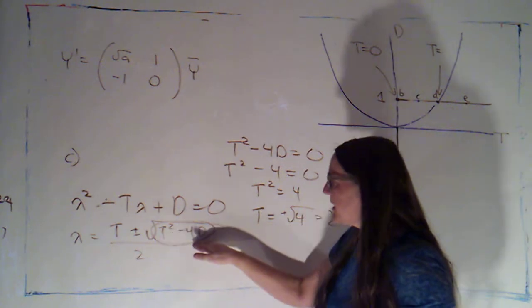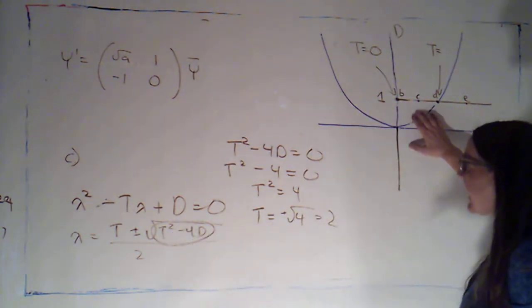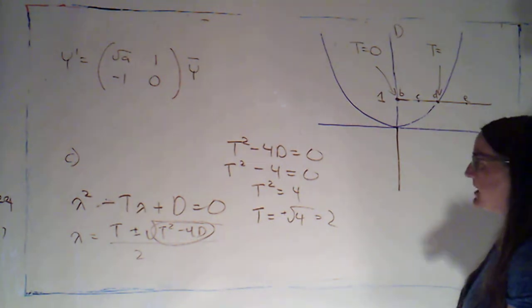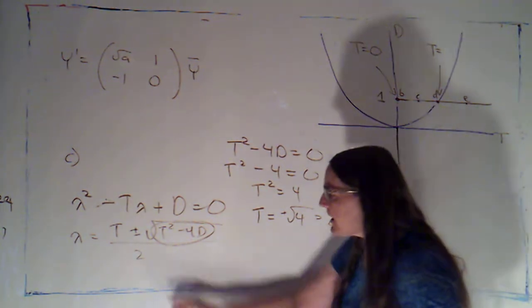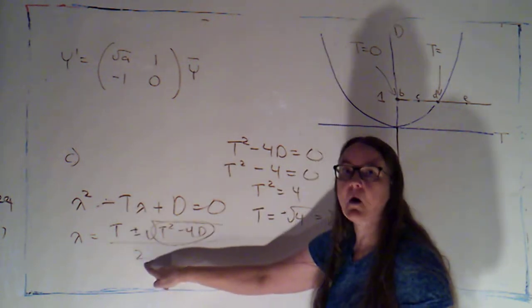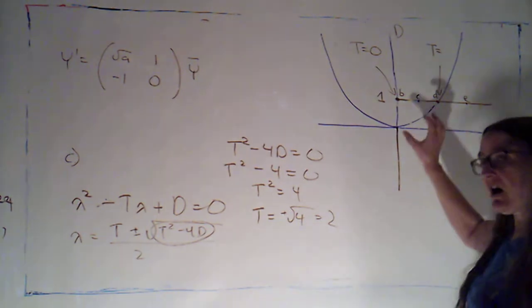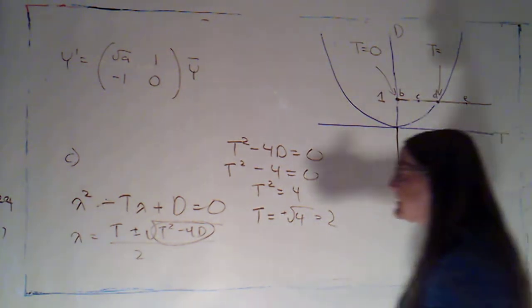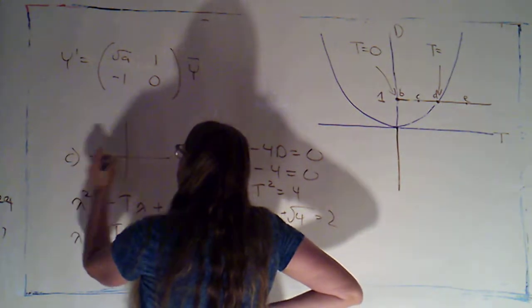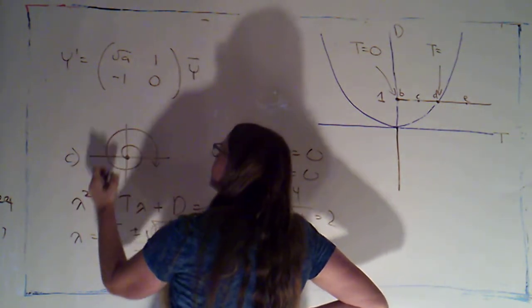Notice 1 minus 4, that's going to give me something negative. So I'm going to have complex eigenvalues. But if I take a look, the real part is just going to be t over 2, which is going to be positive. Okay. So if I have complex eigenvalues with a positive real part, that's going to give me that my equilibrium solution at the origin is a spiral source.